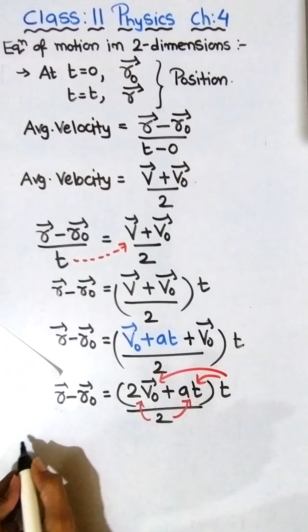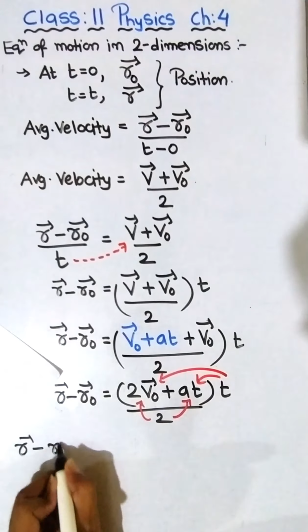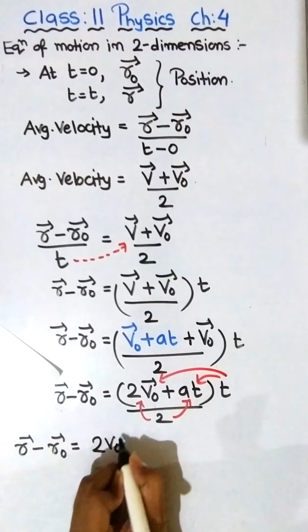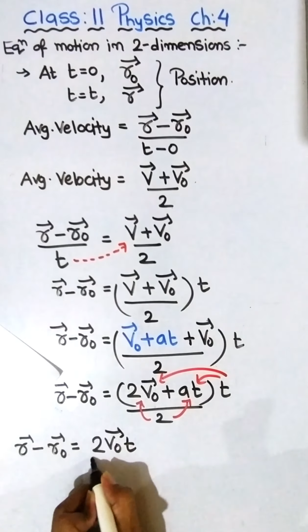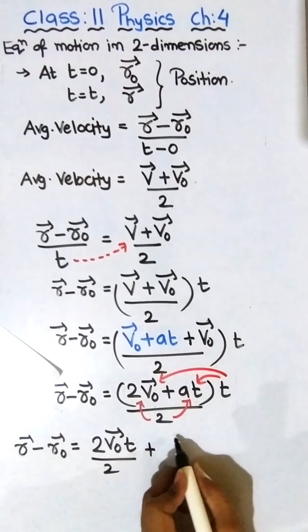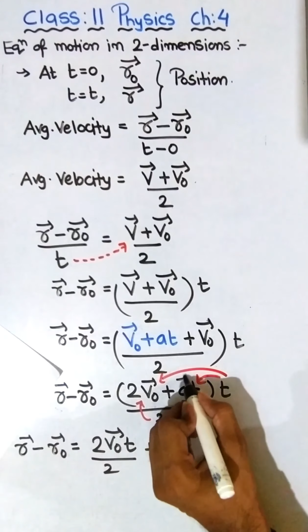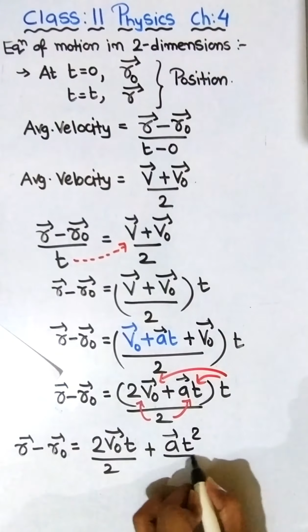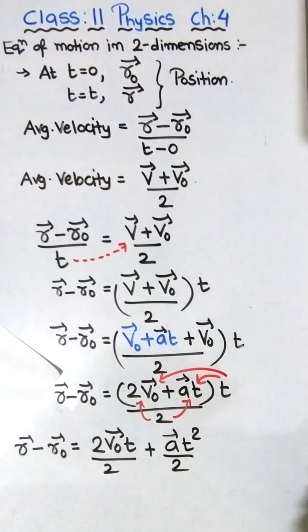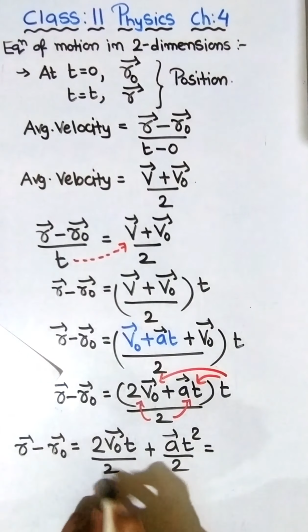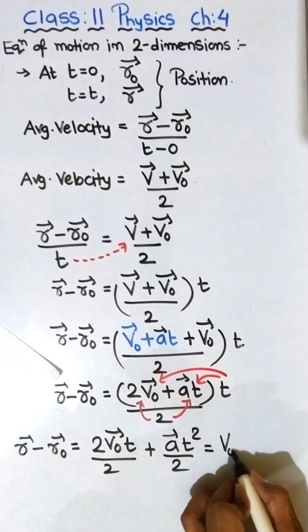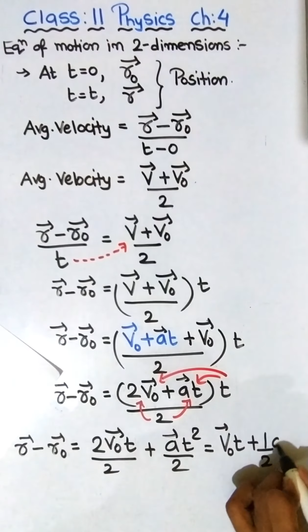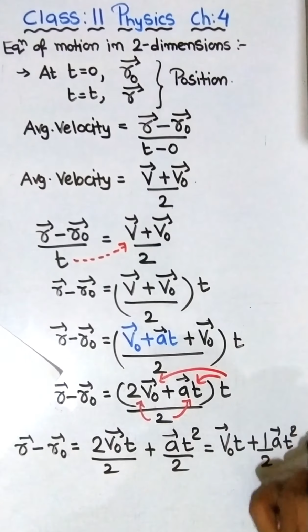So this will become r minus r0 equals 2v0t upon 2 plus at square upon 2. And we all know how to write this. 2 will be cancelled over here, so we'll only have v0t plus half at square.